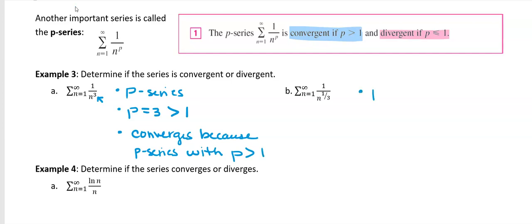This is another p series. It again has the form that we're looking for of 1 over n to the p power. Our p value is the exponent, which is going to be 1/3, which in this case is less than or equal to 1. And so therefore, because it's less than or equal to 1, according to our rule, we know that it's going to be divergent.